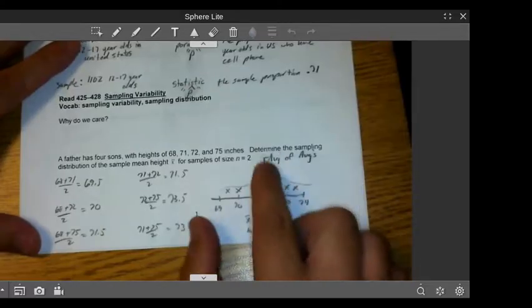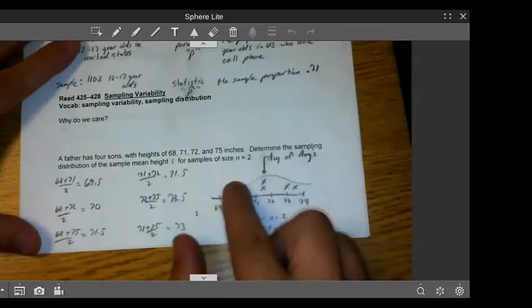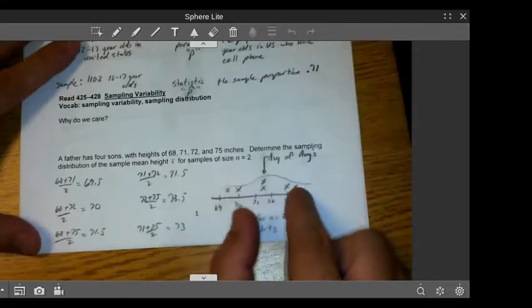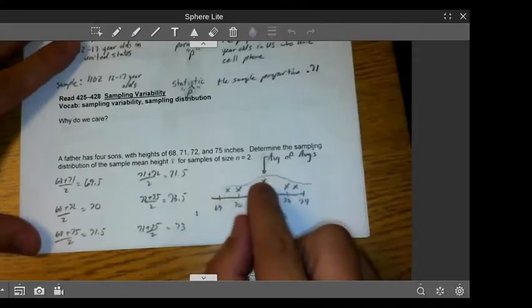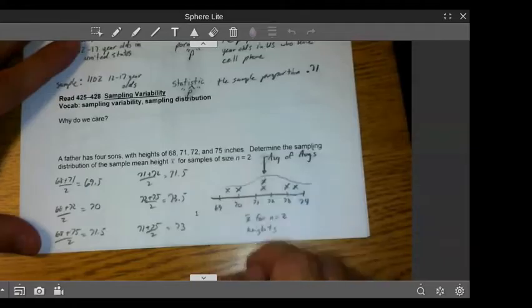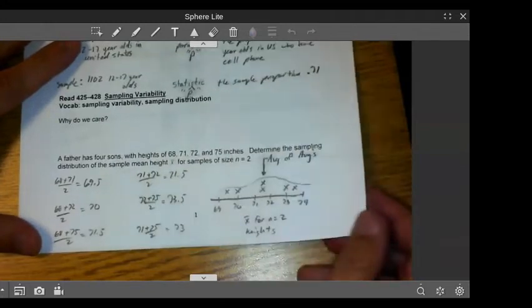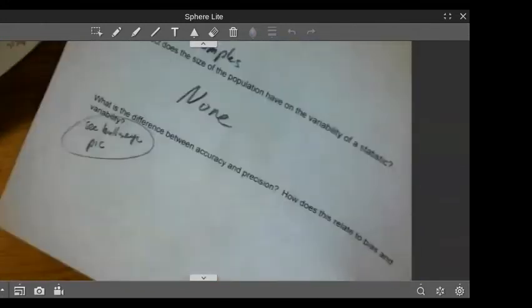This x-bar is the sampling distribution of the averages, so each of these x's represents an average. This is the average of the average. What's pretty good about statistics is the average of the average will always end up being the true population average, as long as you do your samples correctly, which is pretty neat.